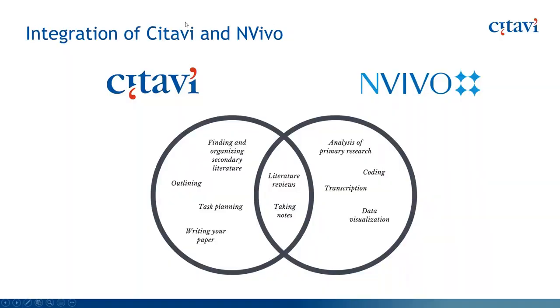And where they sort of mix is around the literature review part, the note taking and the writing part. So again, Citavi you're going to be using for your secondary literature, and NVivo is going to be more your qualitative primary data you're collecting.